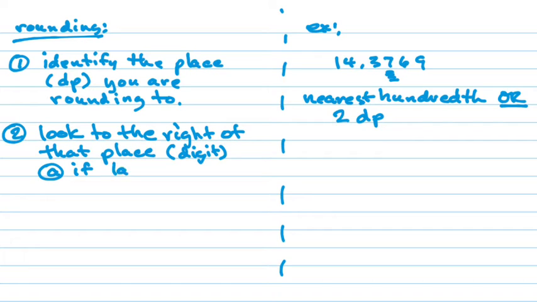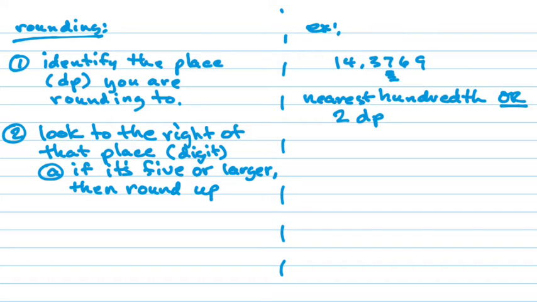If it's 5 or larger, then round up. Add 1 to your digit.